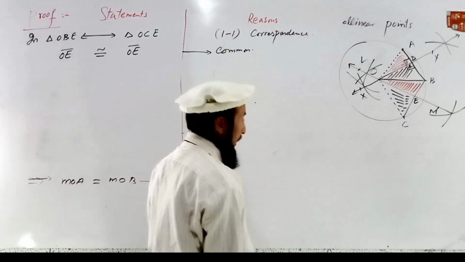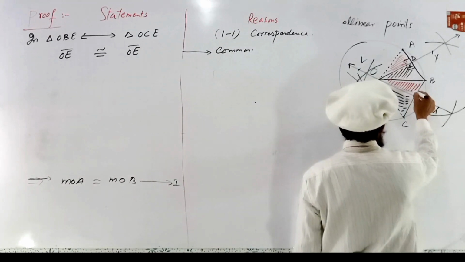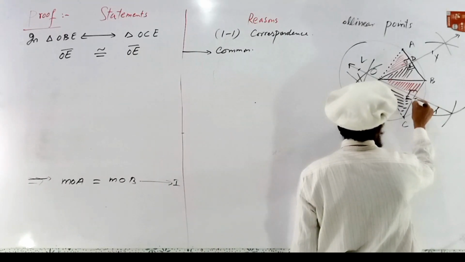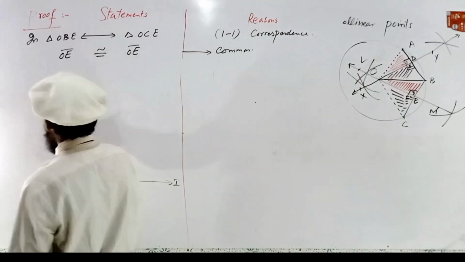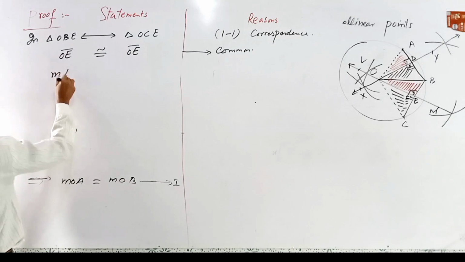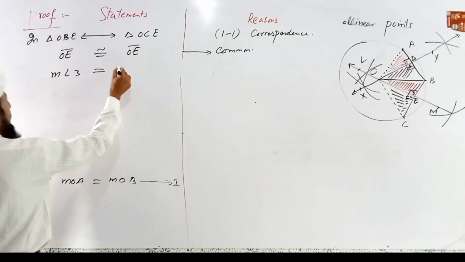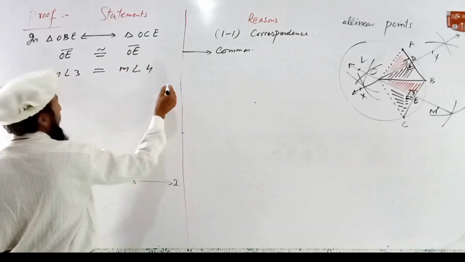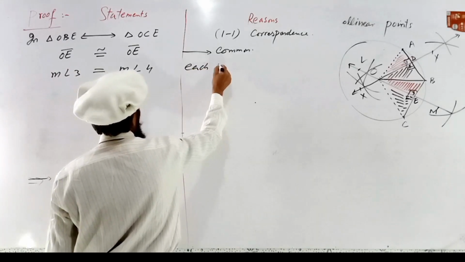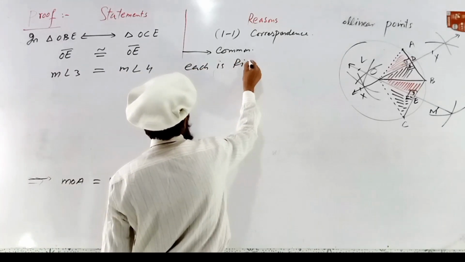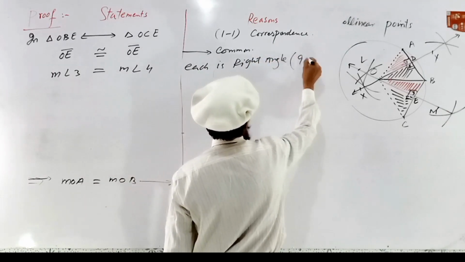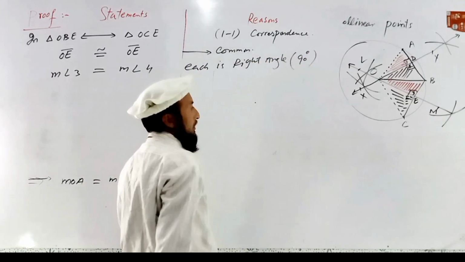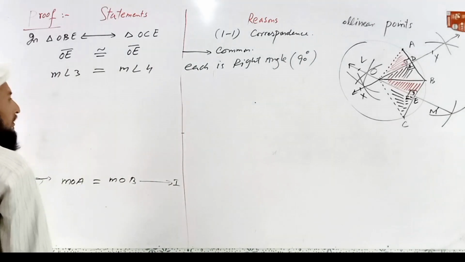And here we give the name of this right bisector also 3 and 4. Now measurement angle 3 is equal to measurement angle 4. Each is a right angle and it equals 90 degrees.